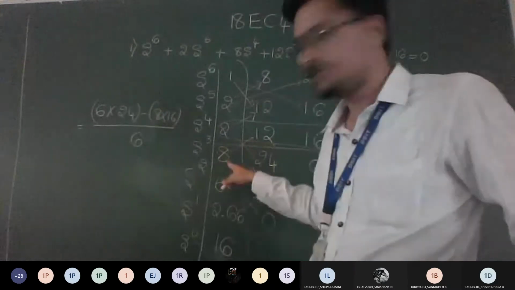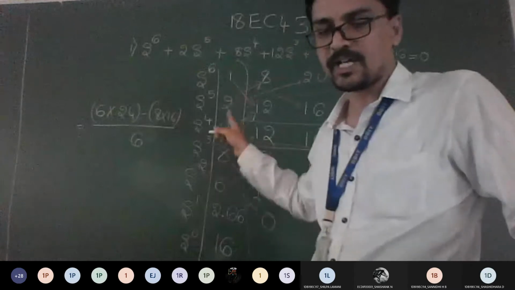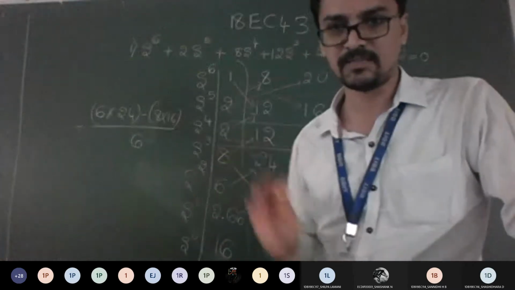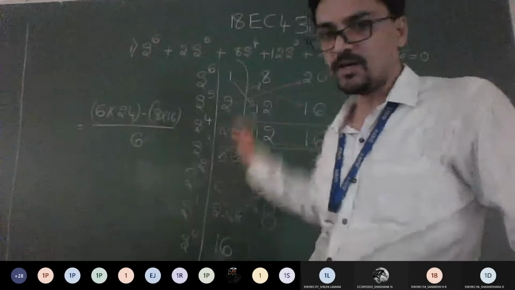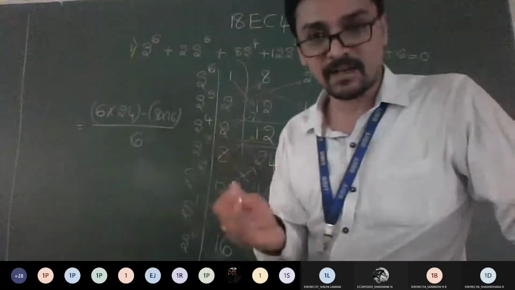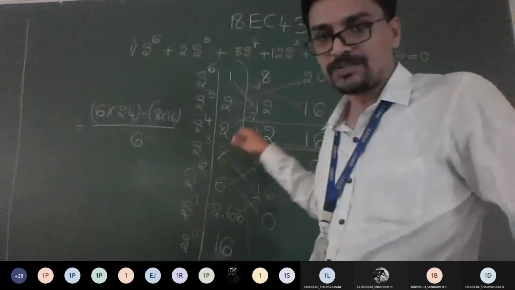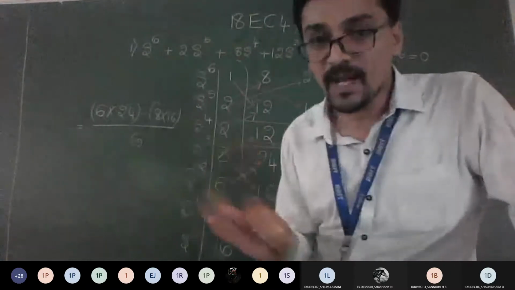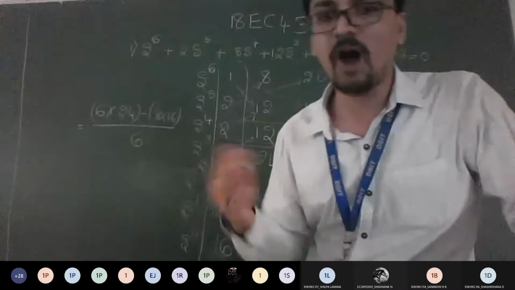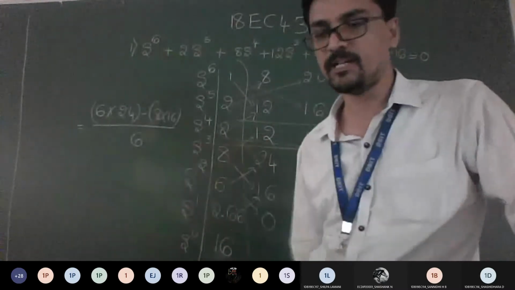I'll repeat: if this row did not have zeros and there is no sign change, we have learned it is called a stable system. Since we got no sign change, we can judge it may be stable. But since the row is all zeros, this system can be marginally stable or unstable. That we are supposed to prove now. Is it okay till here?